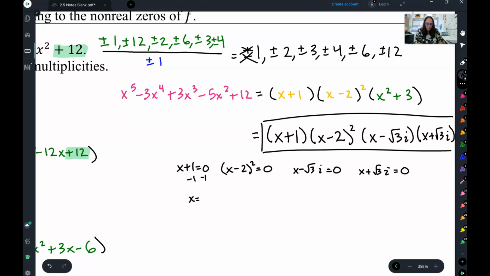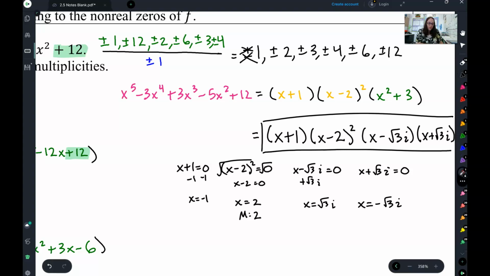So I have x equals -1, x equals 2, and this one had a multiplicity of 2. It happened twice. x equals √3i, and x equals -√3i. Notice that once again, your imaginary ones came in pairs, just like we mentioned at the end of the last video.